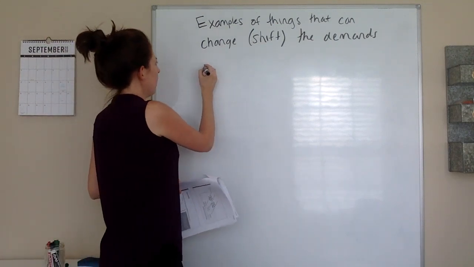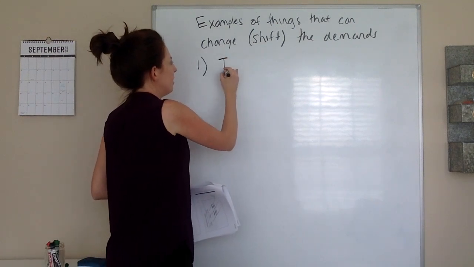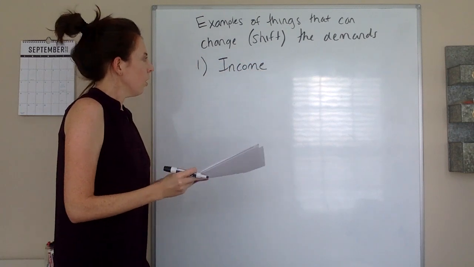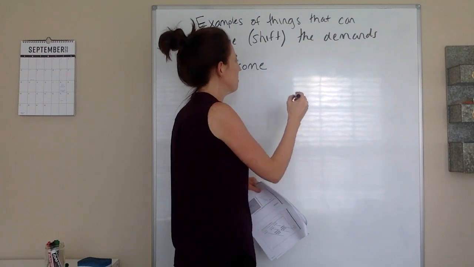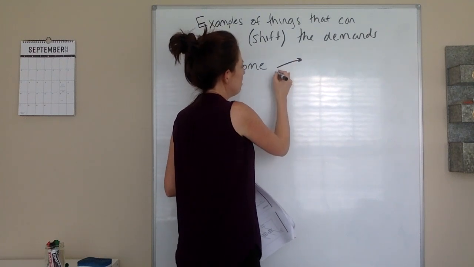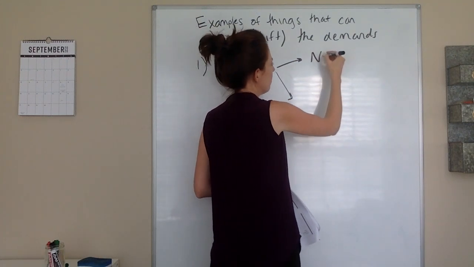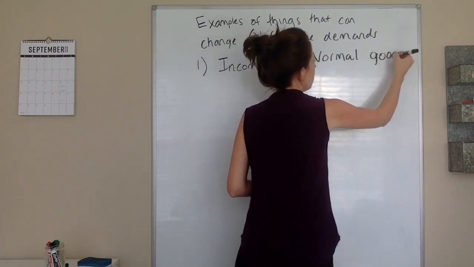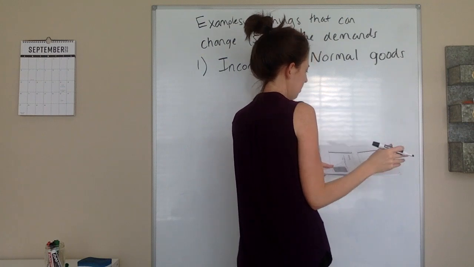Okay, thing number one is income. Now get your pencil ready. There's going to be two definitions here. I'm just going to start putting words up here and then I'll talk around them. So the first thing is normal goods.